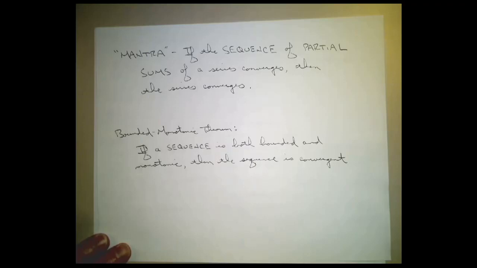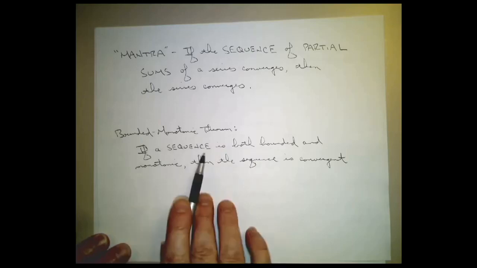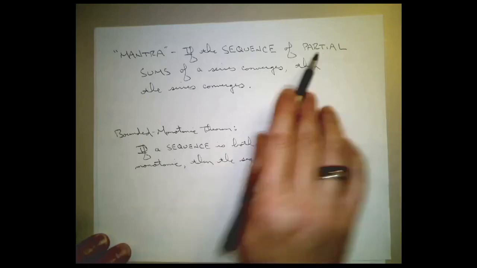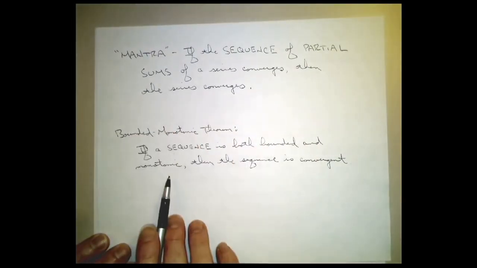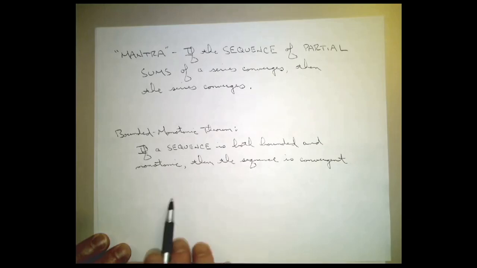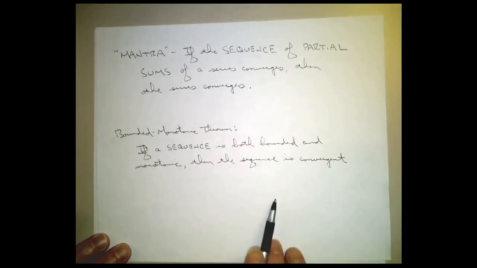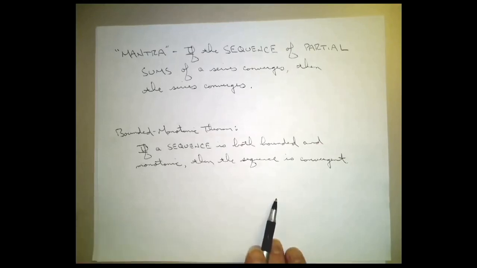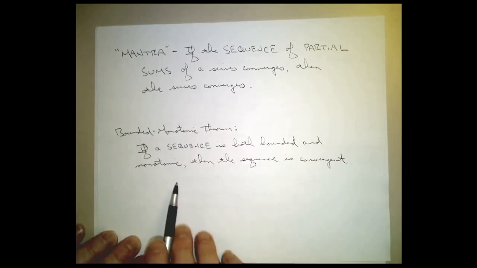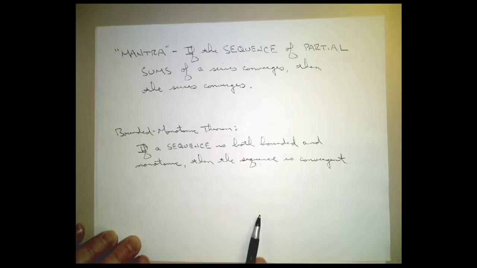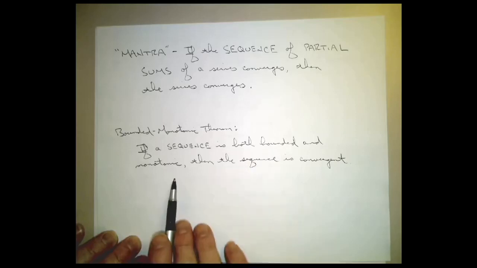So what we're going to show is that the sequence of partial sums of a series is both bounded and monotonic, right? We're going to take an alternating series for which the individual terms decrease to 0, and we're going to prove that with such a series, the sequence of partial sums is both bounded and monotonic.